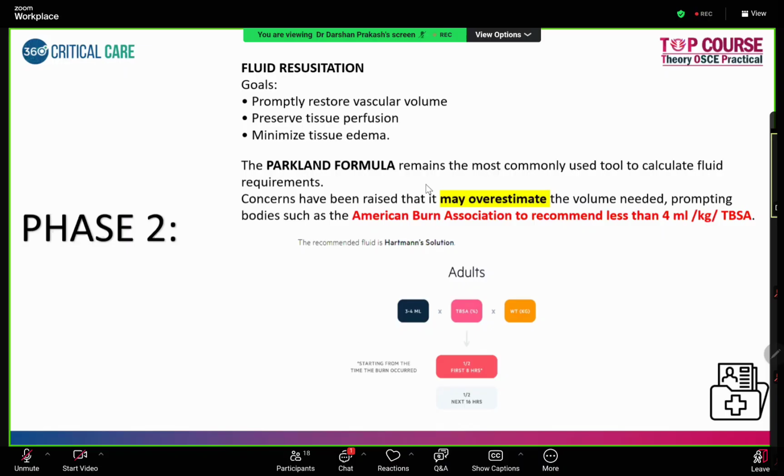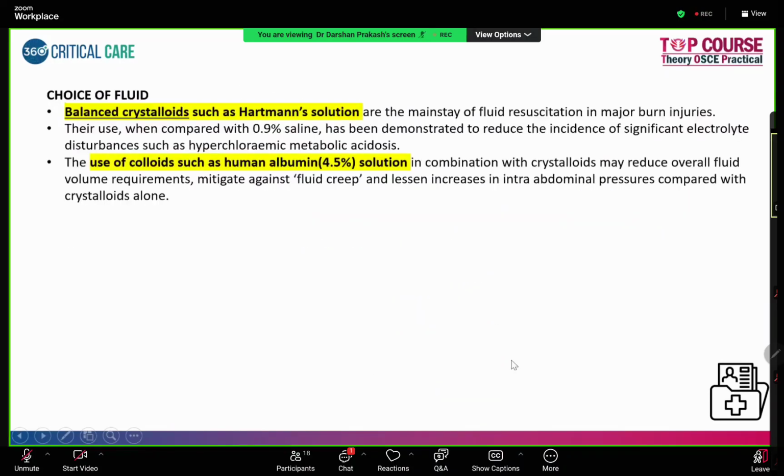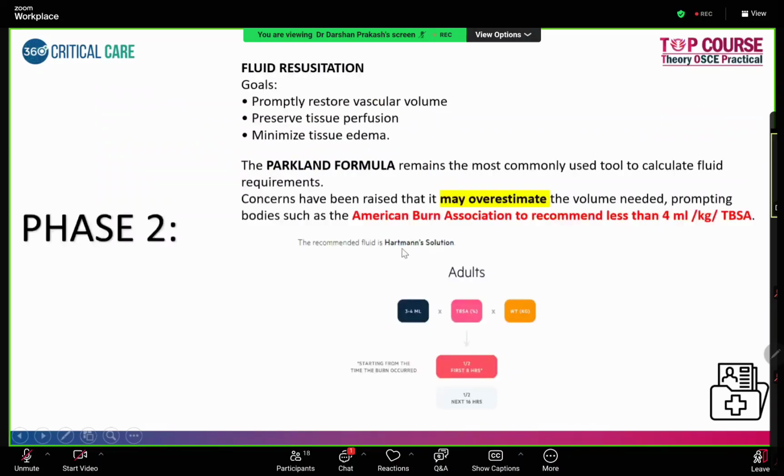Parkland's formula uses 3 to 4 ml of crystalloid solution times total body surface area percentage times the weight of the patient. The crystalloid solution used is Hartmann's solution. The first half of the calculation is given in 8 hours and the second half in the next 16 hours. Okay, so this is about the Parkland formula.